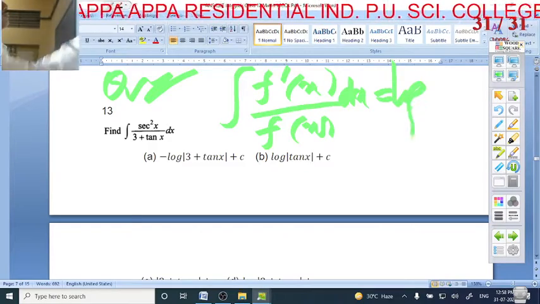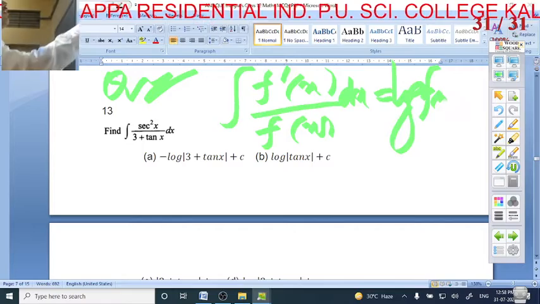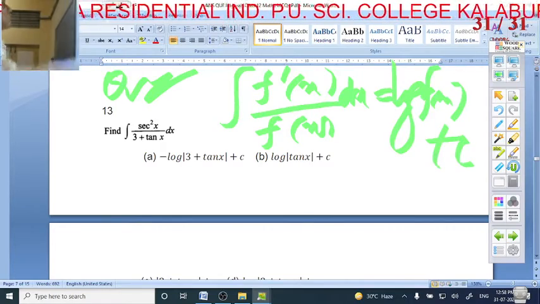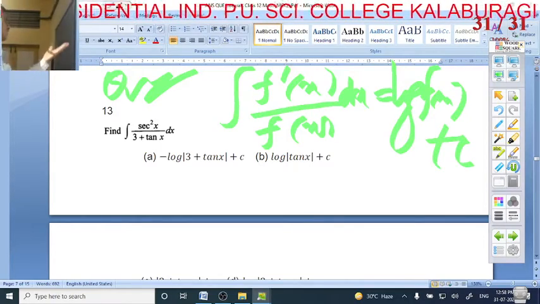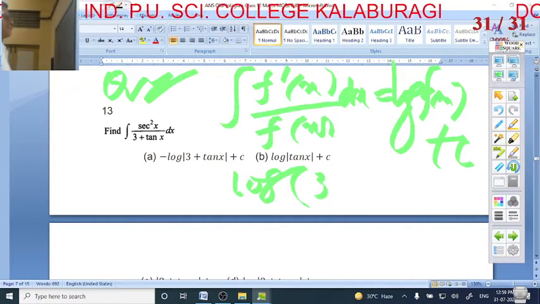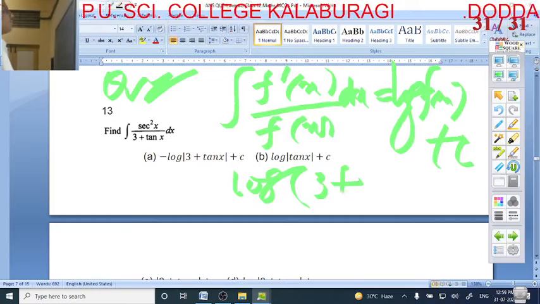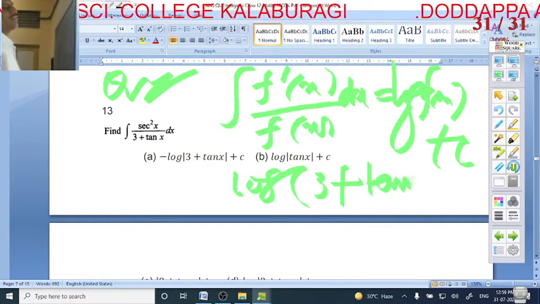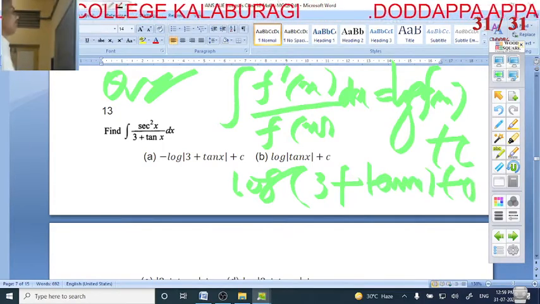At that time it is possible to write log of the denominator function plus c. The derivative of the constant is 0, the derivative of tan x is sec square x, hence log of 3 plus tan x plus c will be the answer.